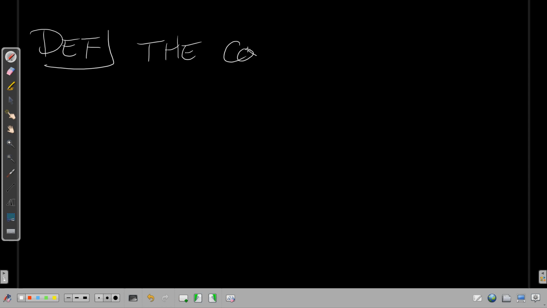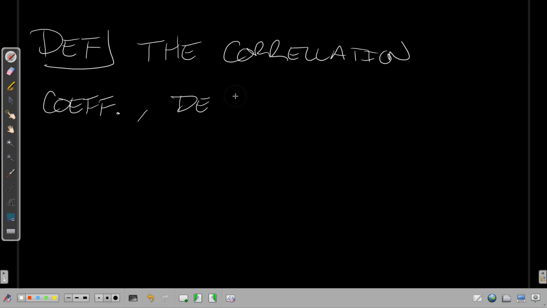then let us define another term called the correlation coefficient. The correlation coefficient, which is denoted as a little lowercase r. It's an r. Too often I'll see people trying to write it like it's a square root symbol.